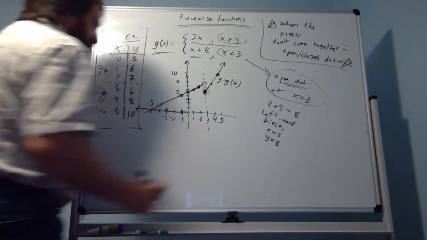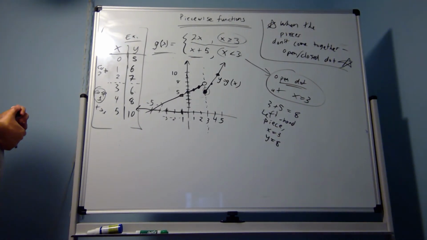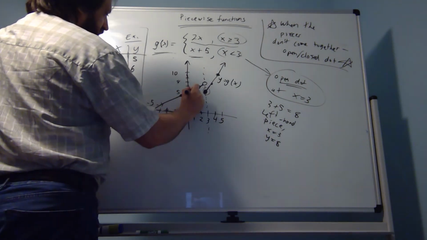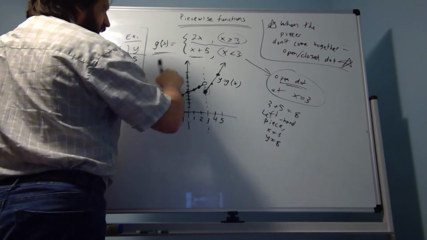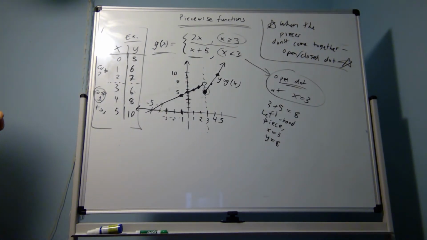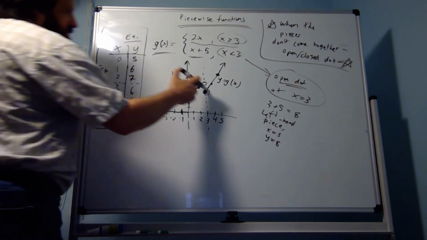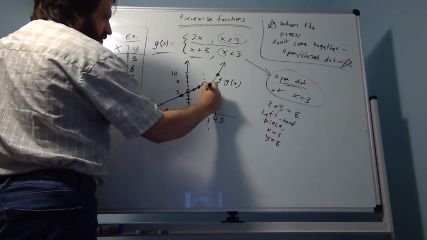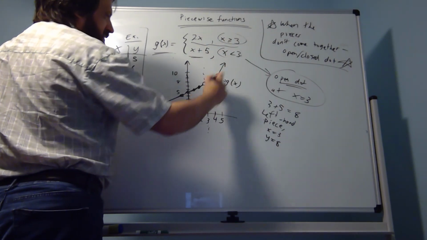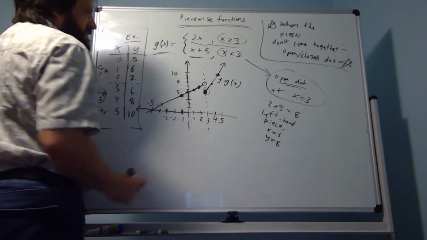And this is really annoying to do by hand. It's a lot easier if the book just gives you a graph and they ask you a question about the graph. But how do you go from the algebra to figuring out how to draw the picture? Well, what you do is you plug in closed dots for sample points that are actually inside the left-hand piece, but when you're right on the boundary, one of the pieces actually corresponds to something that is happening on the right-hand piece in this case.